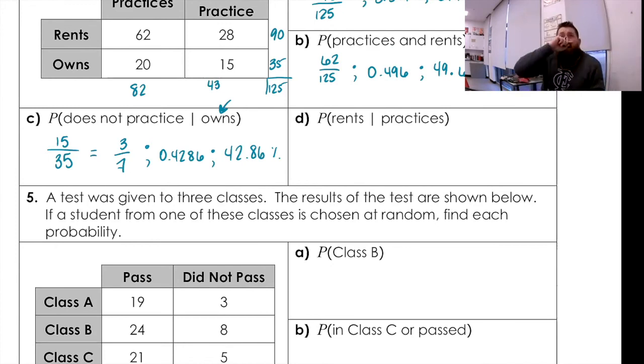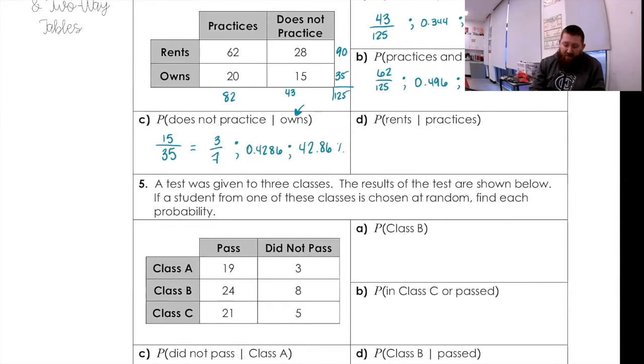All right, last one. Probability that somebody rents given they practice. There's our reduction. That's what's limiting us. So how many people practice? That would be 82. And now we're only looking at that column of people who practice. Of those 82 who practice, 62 of them rented.